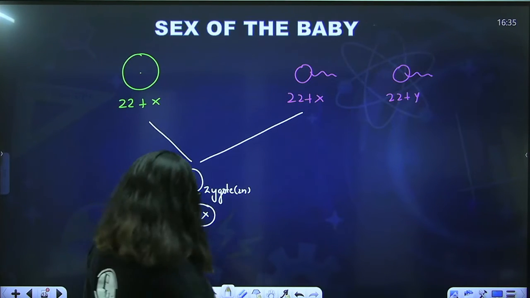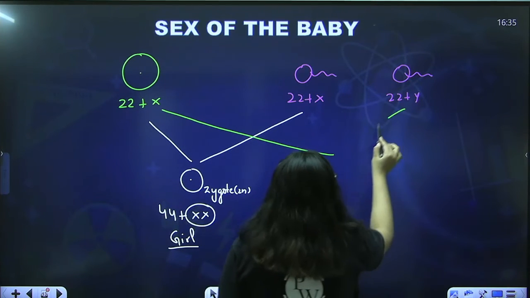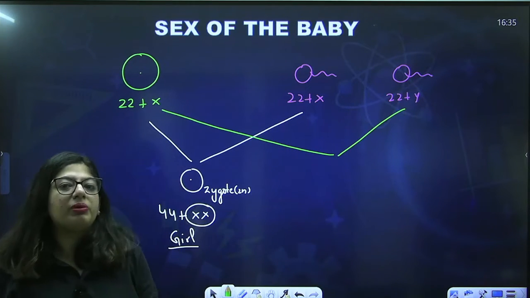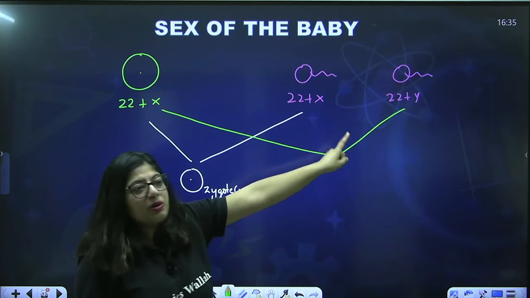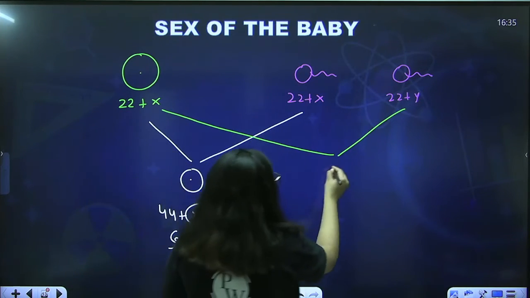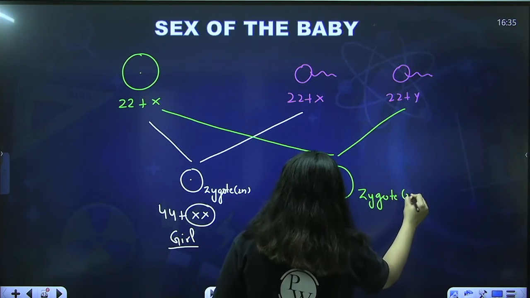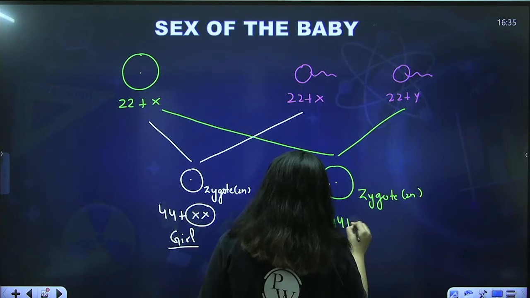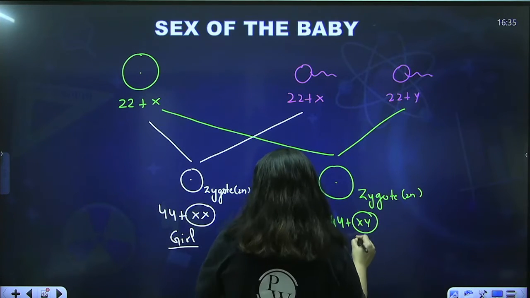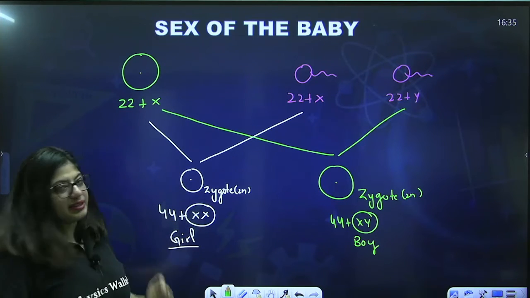Now, take the second probability: what if the sperm which fuses with the ovum is 22 plus Y? Now the zygote formed will be of another type. It will be 44 plus XY. This will be a boy, right? Because boys have XY chromosomes, girls have XX.